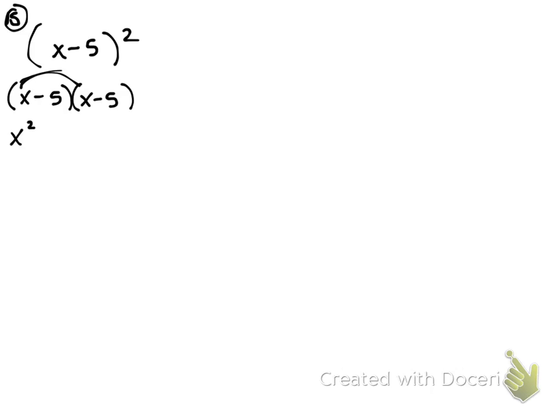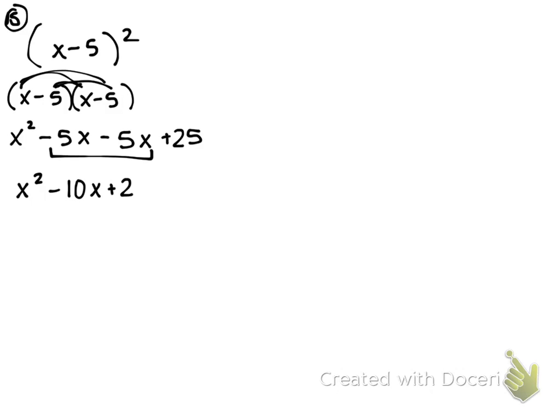Negative 5x. Very good. Ethan, what comes after that? Negative 5x. Very good. Alexis, what comes after that? 25. Positive 25. Okay, Maggie, what two like terms am I going to combine? And what's my final answer? X squared minus 10x plus 25. Very good.